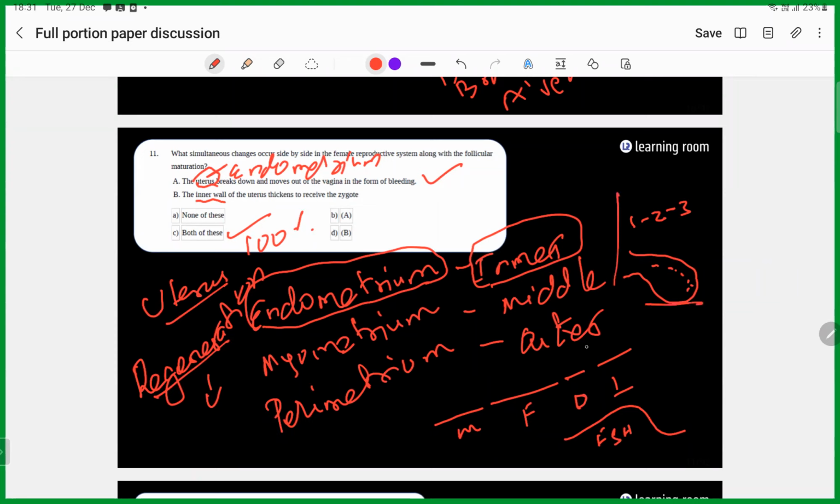In the same time, in the menstruation, what occurs? Follicular maturation is occurring in the ovary, but what occurs in the uterus? That's the question. In the uterus, the endometrium breaks down and the endometrium regenerates. Is it clear?